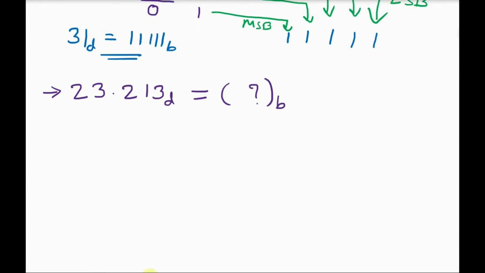Here we already know how to convert this 23 to binary by using the division by 2 method we have seen just now. Here there is a fractional part also. You can see this is the integer part and this is the fractional part.